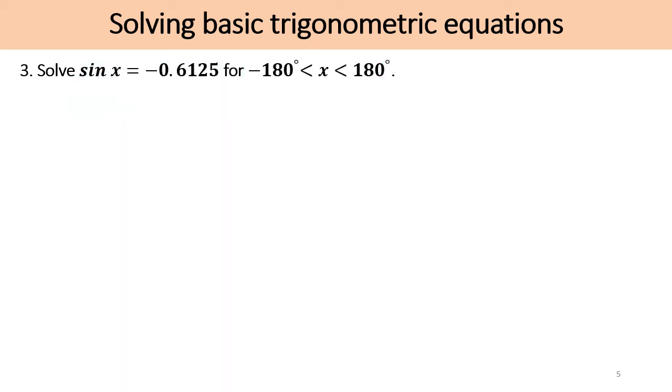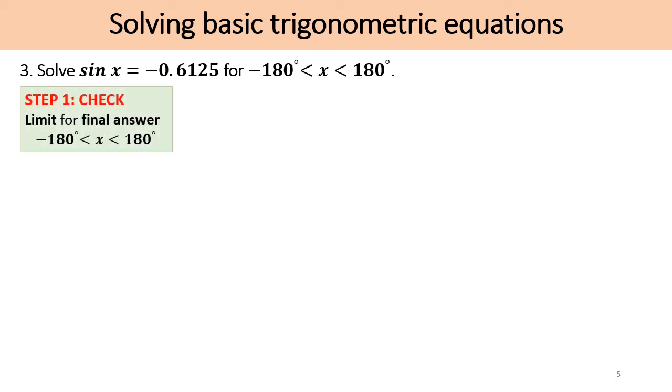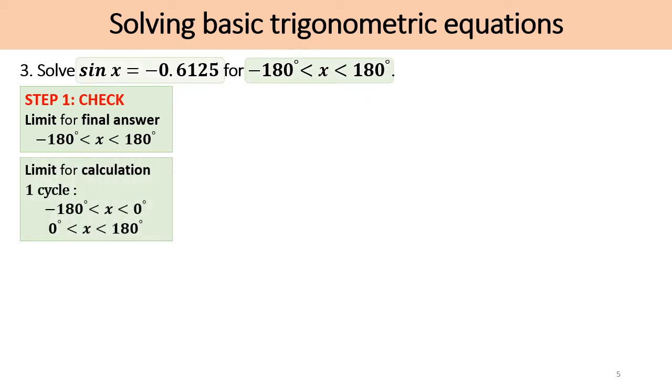Next, we need to solve sin x = -0.6125 for x between -180 degrees and 180 degrees. So here, our limit for the final answer will be the limit given in the question. And to find our limit for our calculation, we need to identify we have sin x in the question. So that will be one cycle.